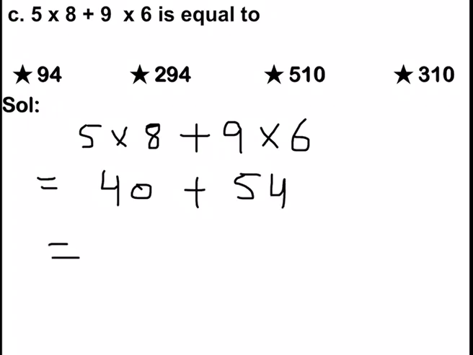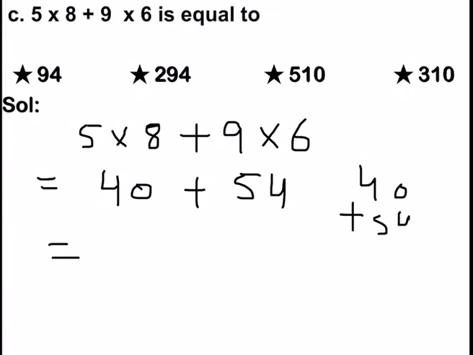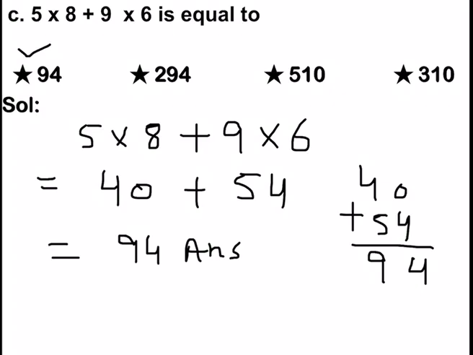Now we will add the values, that is 40 plus 54. 4 plus 0, 4. 4 plus 5, 9. So the answer of part C is 94. Yes student, tick the correct option, that is option 1, and the answer is 94. Understand student?